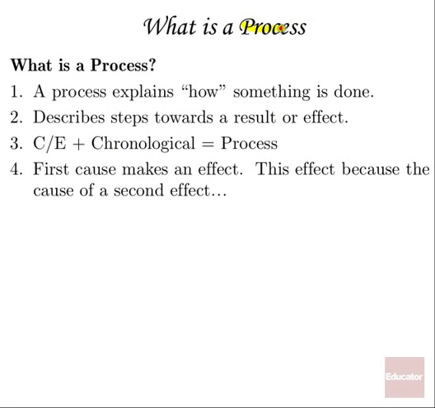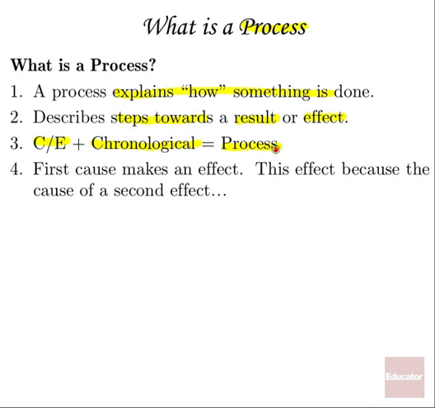Now, process. And I promised that this is going to be easy to understand. A process is a way of organizing an essay that very simply explains how something is done, or it describes steps towards a single result or an effect. The easiest way to think about this when you're reading your essays and you're reading patterns of organization is think about cause and effect mixed together with chronological organization.